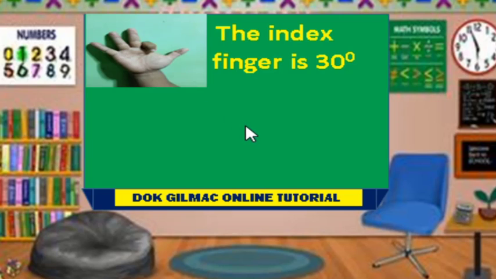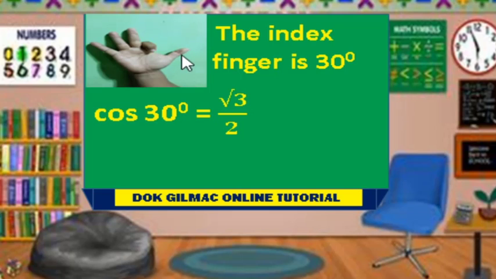Therefore, cosine 30 degrees is equal to square root of 3 all over 2. Now, if we are to determine sine 30 degrees, we only have 1 here. That's the square root of 1 over 2, or simply 1/2. Therefore, sine 30 degrees is equal to 1/2.